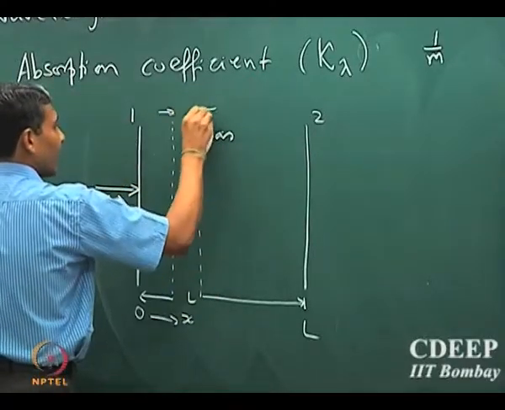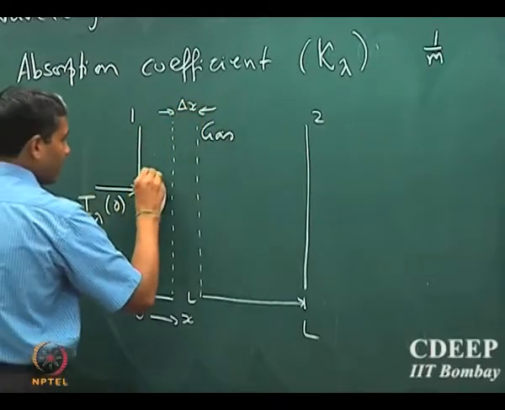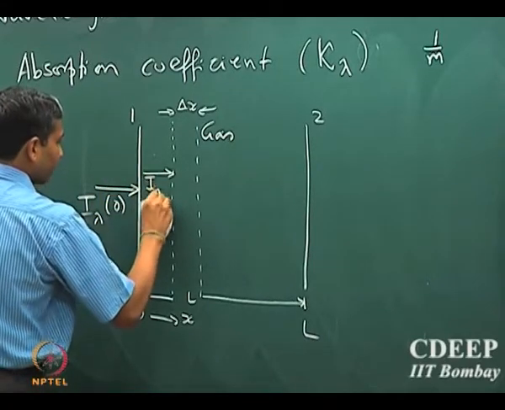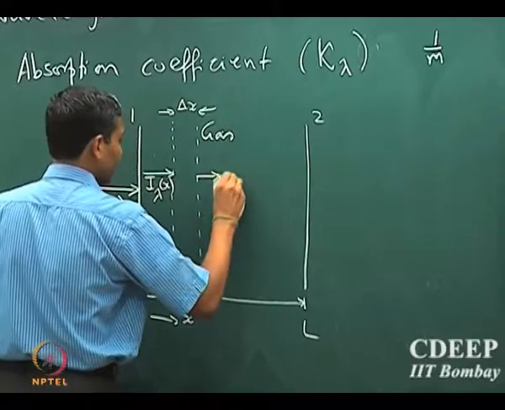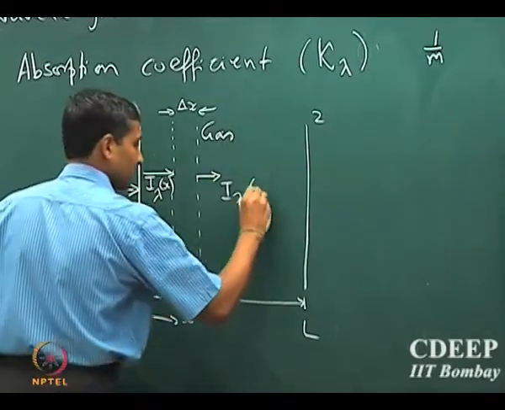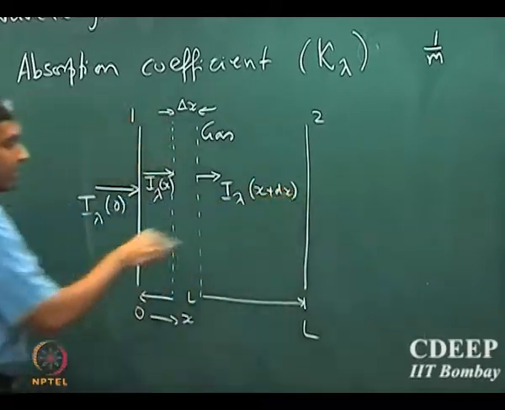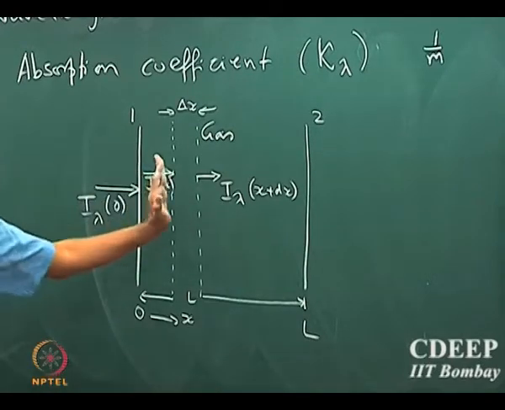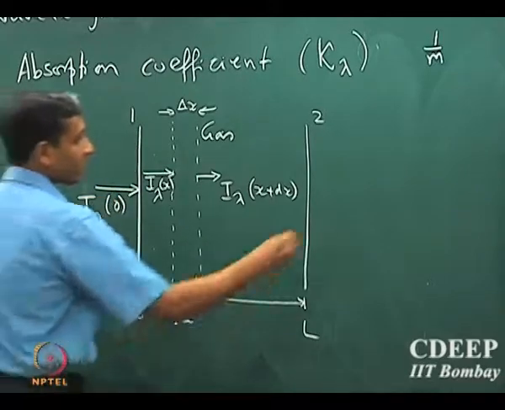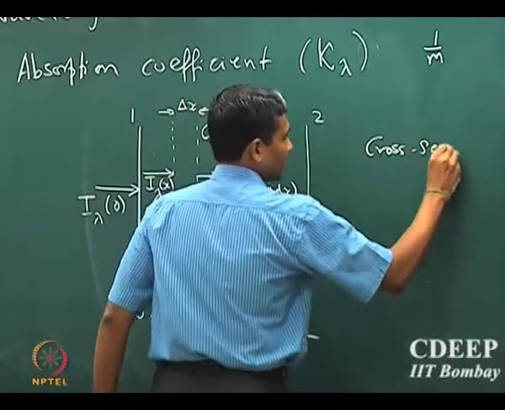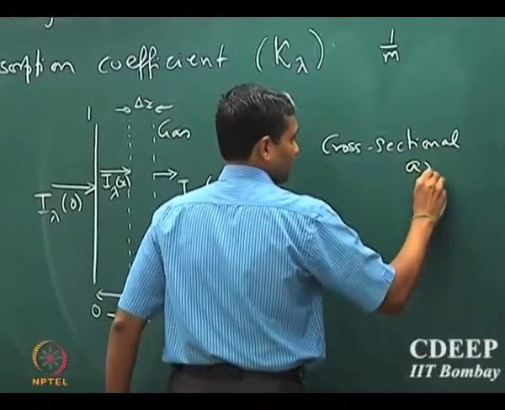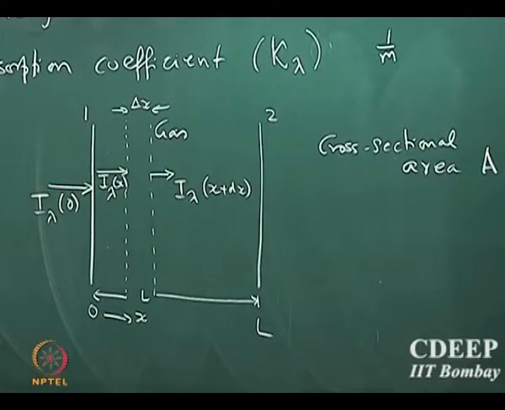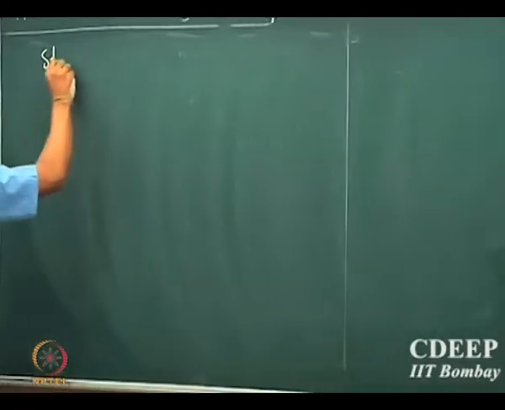If this thickness is delta x, and the intensity of radiation at some x location is I lambda x, and what leaves is I lambda x plus dx, and the cross sectional area perpendicular to the board is A, now I can write an energy balance for this system.